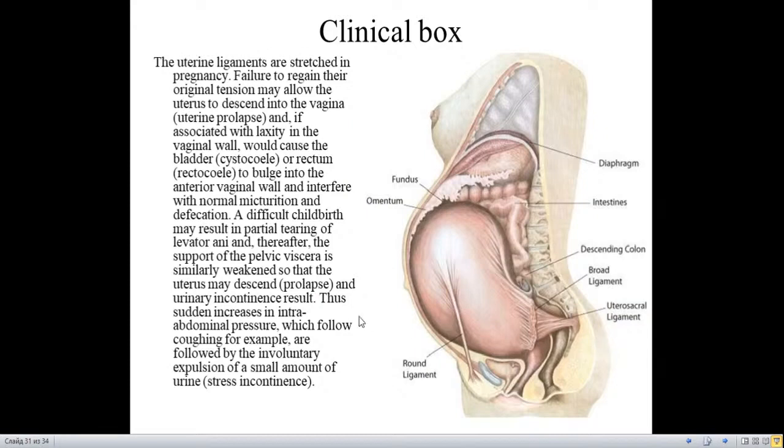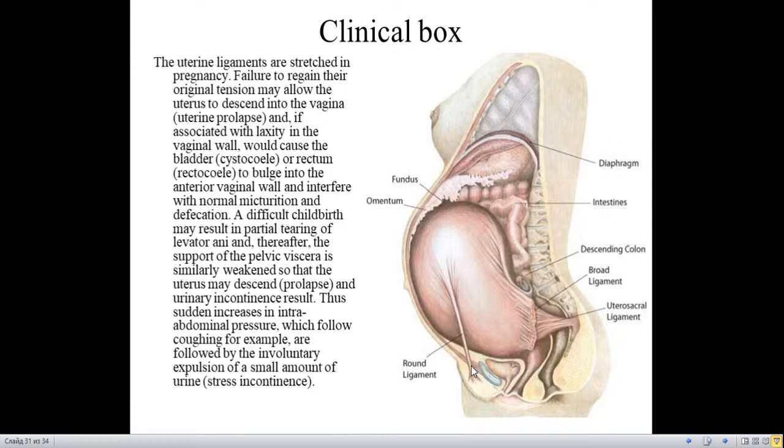Here on this picture you can read regarding relaxation. Actually, the uterus is fixed in the pelvic cavity by means of some ligaments. Most important of them, the broad ligament, ligamentum latum, which is a derivative of peritoneum, then uterosacral ligaments, cardinal ligaments, and ligamentum teres uteri, the round ligament of the uterus.